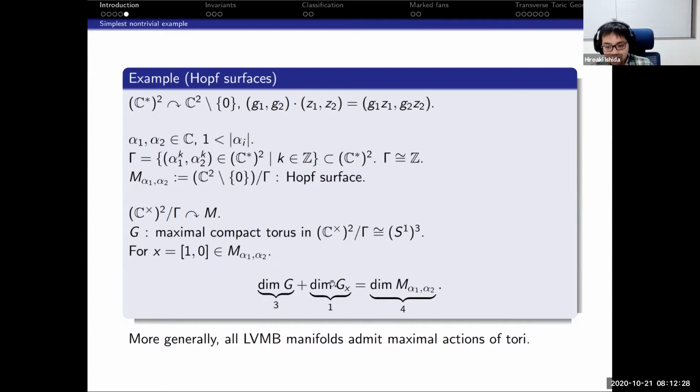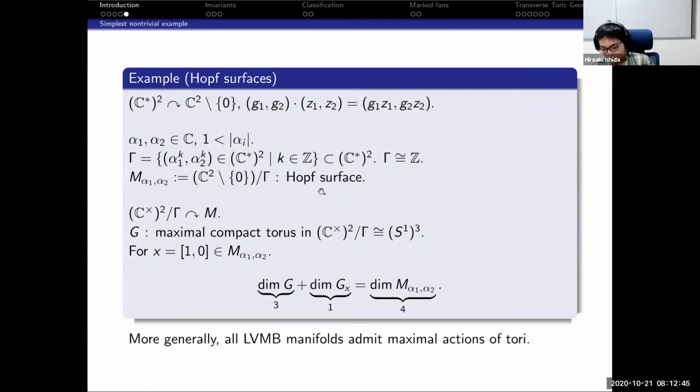So we can see the isotropy subgroup at this x is a one-dimensional torus. So 3 plus 1 is the dimension of the Hopf surface.